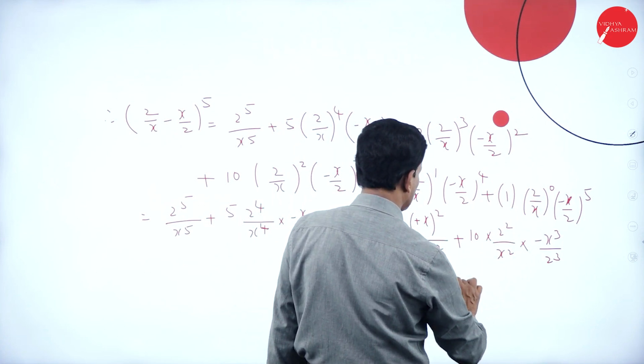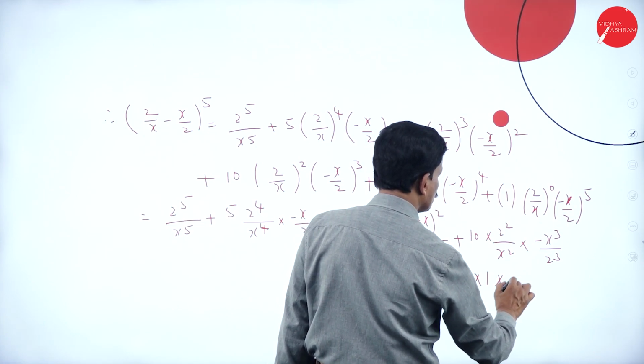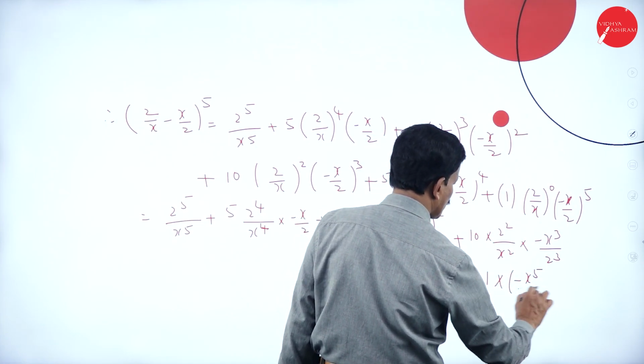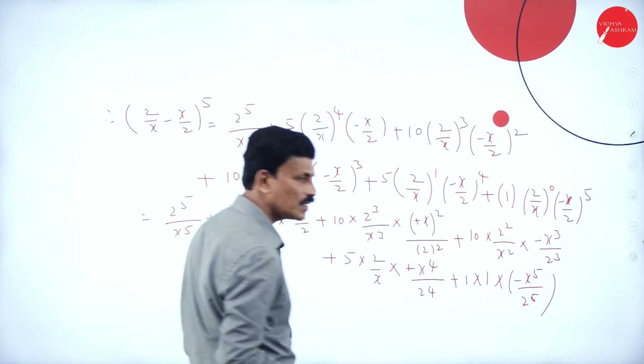Again this is 1 into 1 into minus x to the power of 5 divided by 2 to the power of 5. Simplify this.